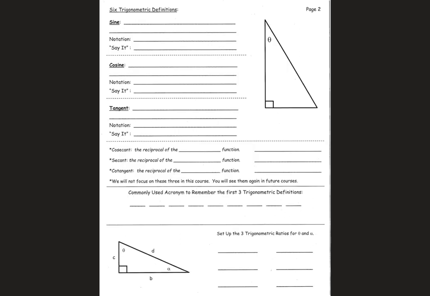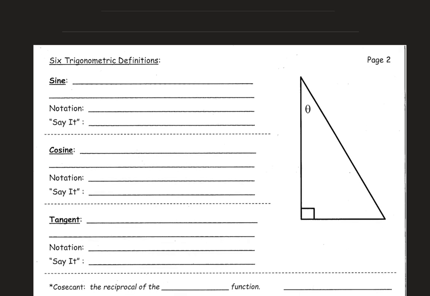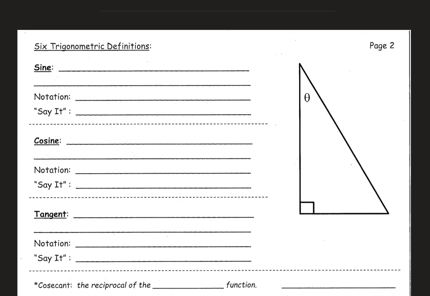Let's keep going. All right, now we are down to the infamous sine, cosine, and tangents. So let's start off with defining them. First off, I'm going to use this triangle over here, and I'm going to use theta, since that's what they give us. So the first thing I'm going to do is define and label my triangle.